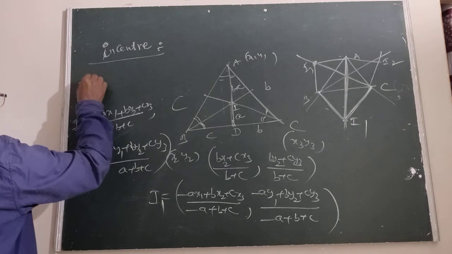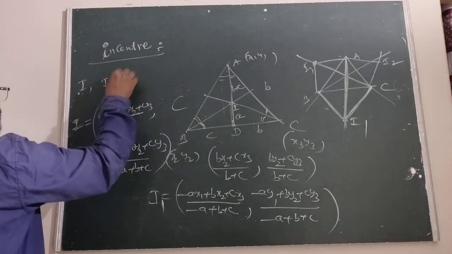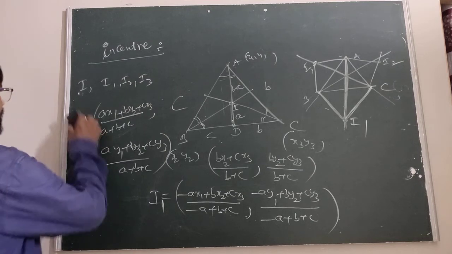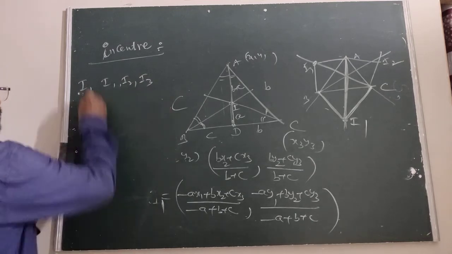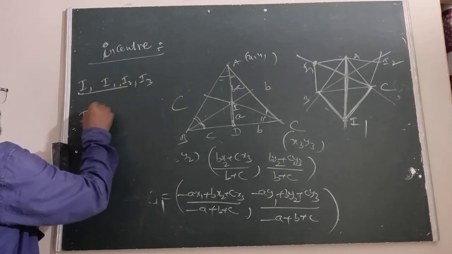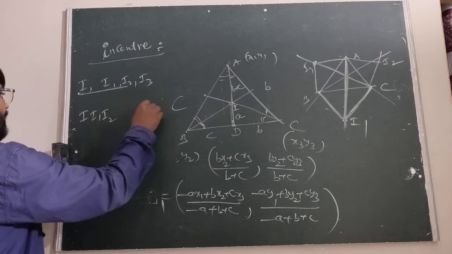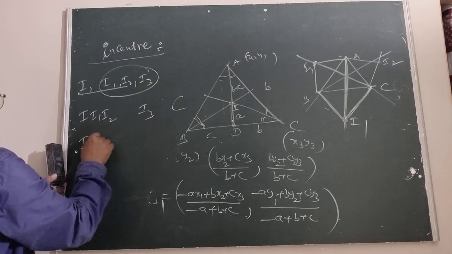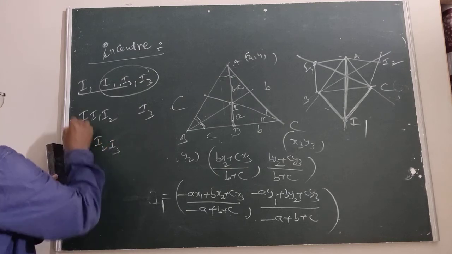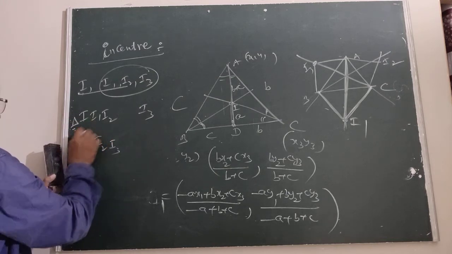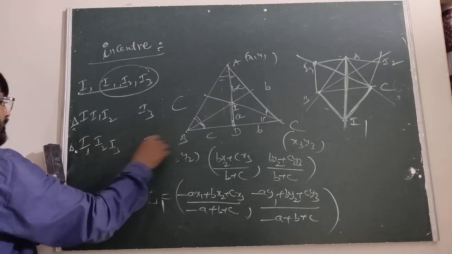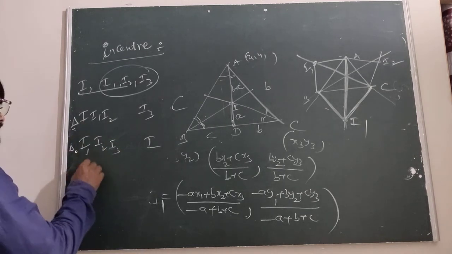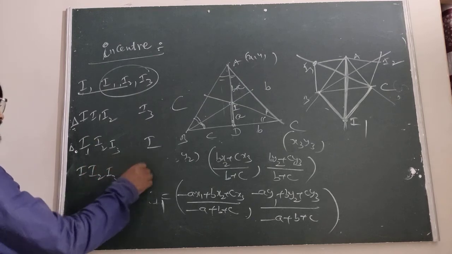All of you listen once again. When we take the incenter I and the excenters I1, I2, I3, then the orthocenter of the triangle I1 I2 I3 is I. The orthocenter of I2 I3 and I is I1.